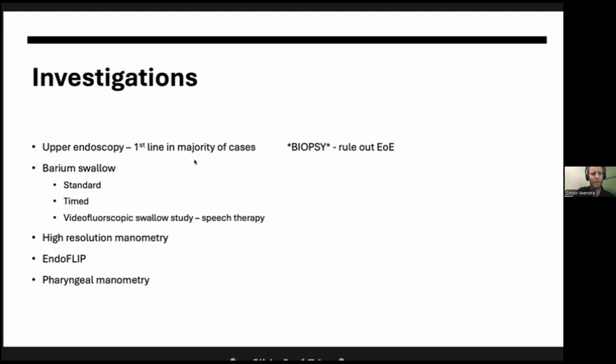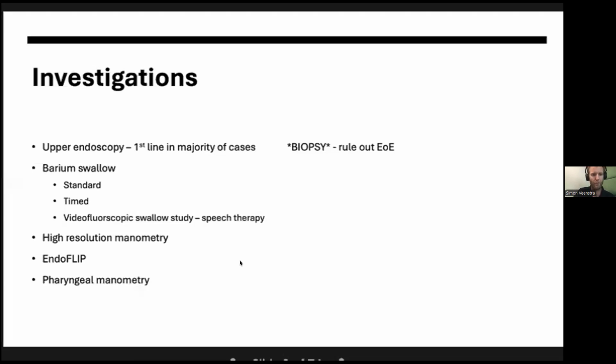The other tests that are useful are your barium swallows, which are generally available in most facilities. And there are various iterations of that. There's your standard barium swallow, and the timed barium swallow, where one repeats the radiographs at 2 minutes and 5 minutes, and one can measure the column of contrast that remains in the esophagus.